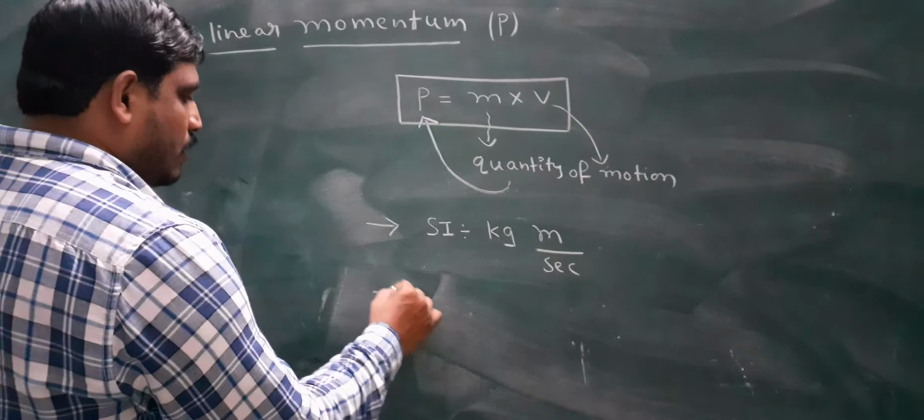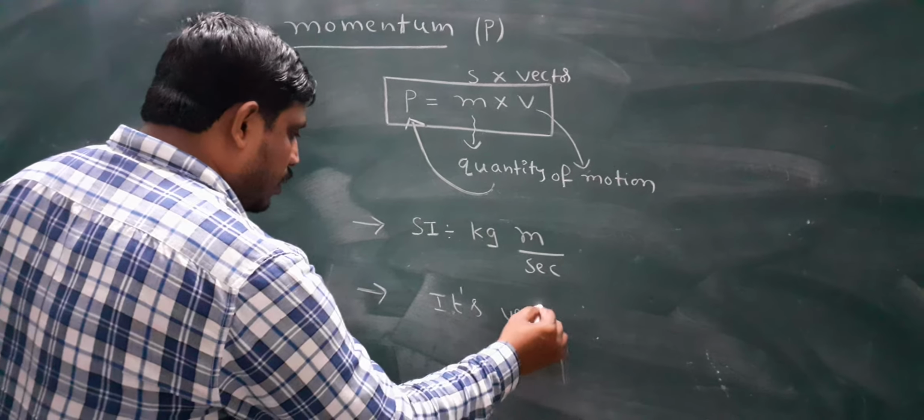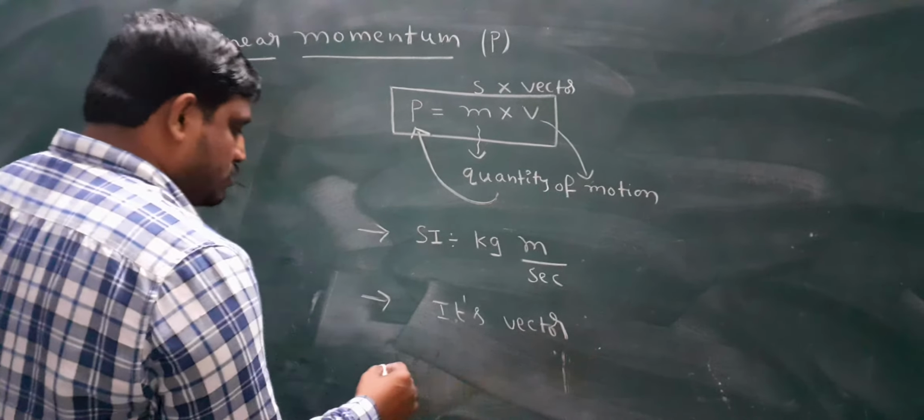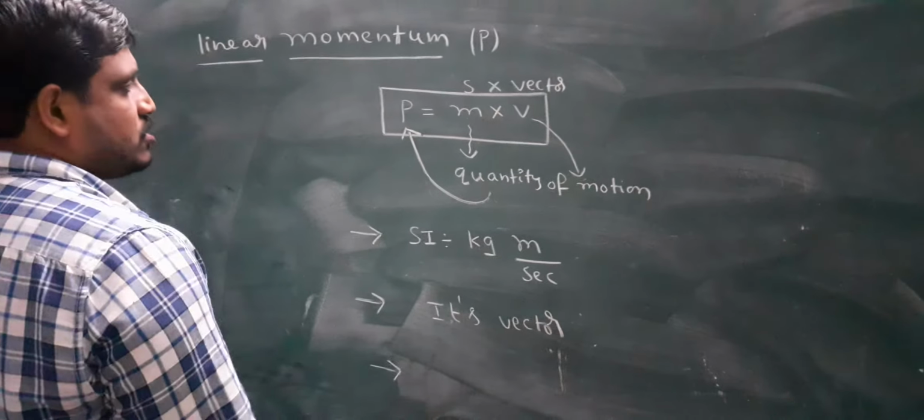Here, in momentum, mass is a scalar and velocity is a vector. Scalar into vector is nothing but a vector. So momentum is a vector. Vector means it follows the direction.